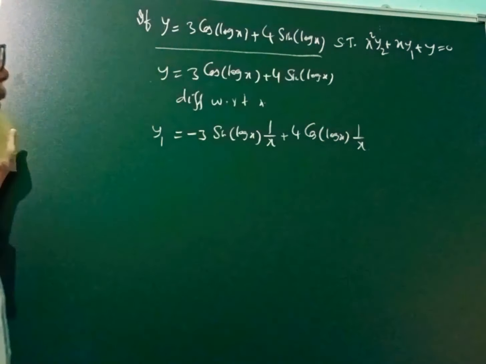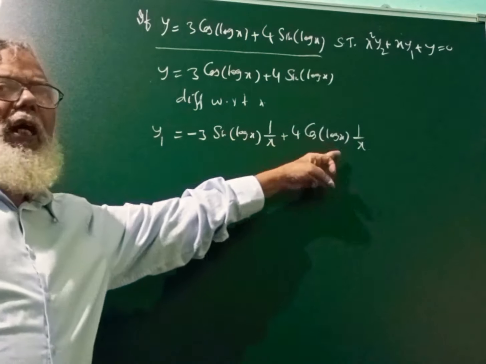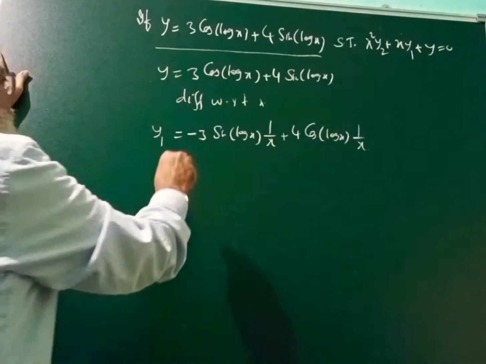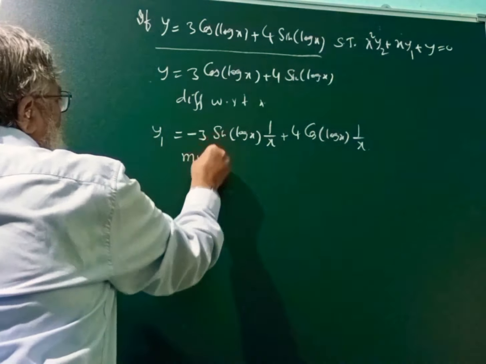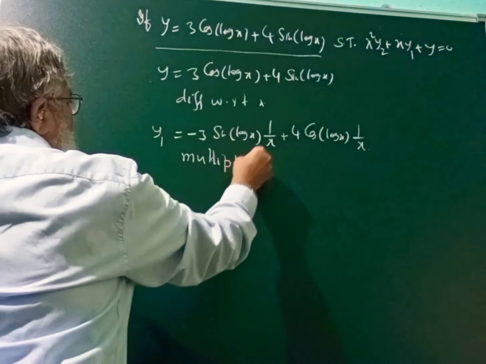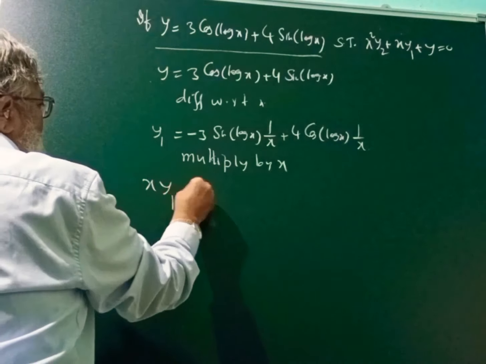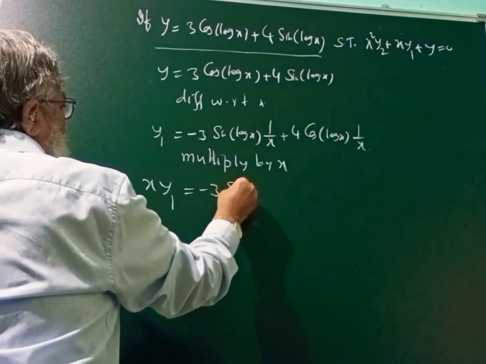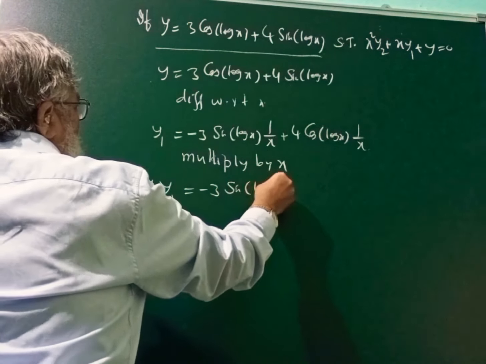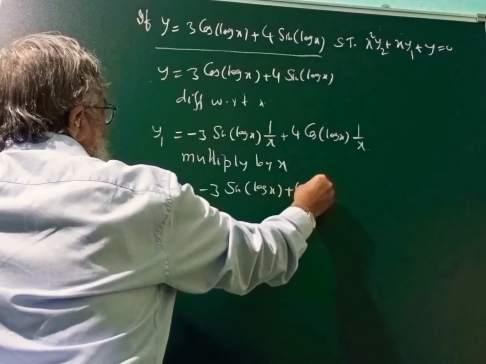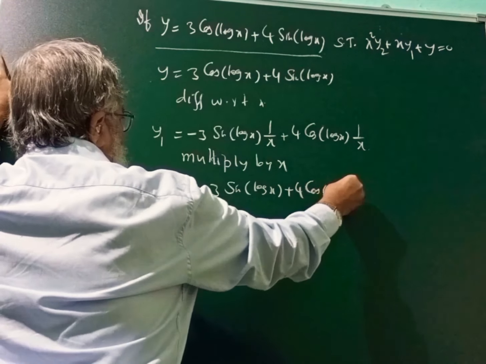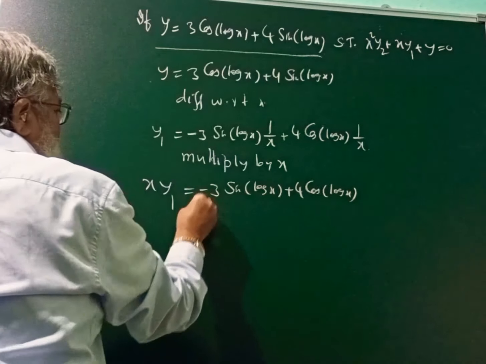Now to remove this x from the denominator, multiply by x throughout. So what we get is xy1 equal to minus 3 sin of log x plus 4 cos of log x.